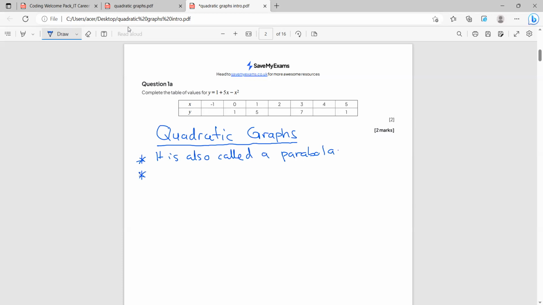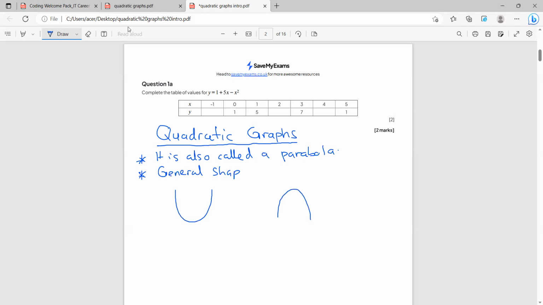So now that we know the other name for a quadratic graph, you must know the general shape. In maths, we have about 4 or more different types of graphs, and you must know the general shapes of those graphs. So the general shape is like this or like that.